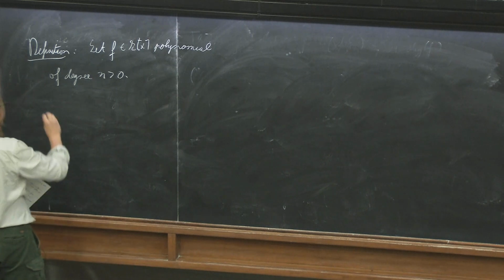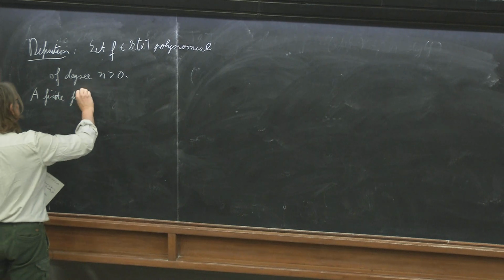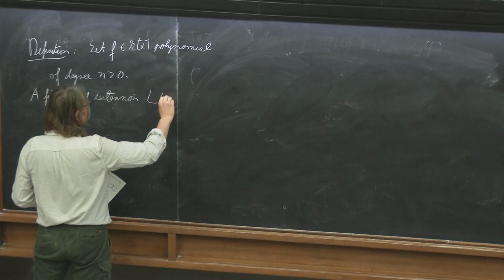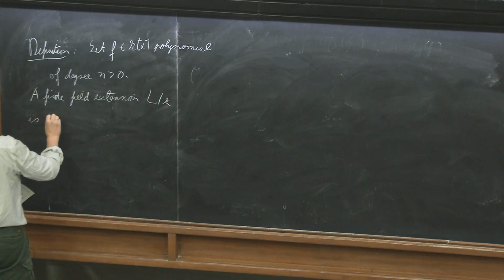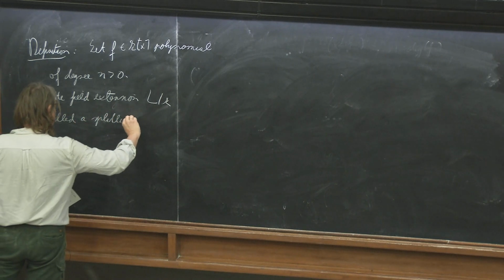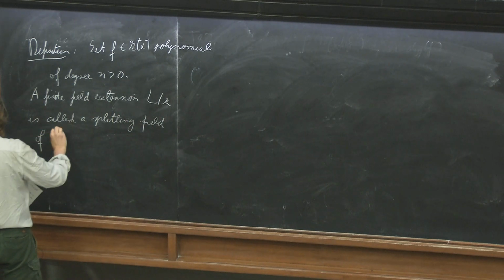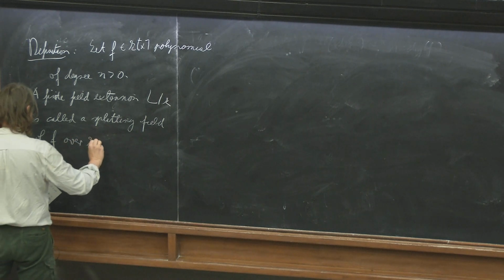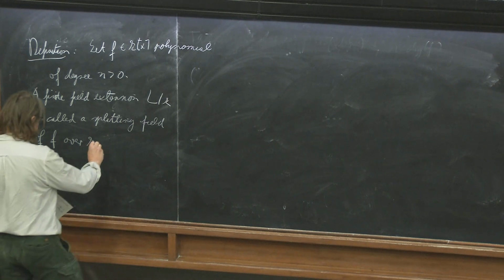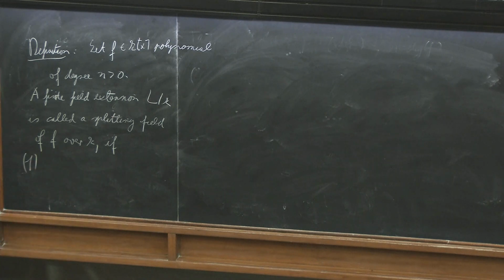A finite extension L of K is called a splitting field of f over K if, first, f splits over L into linear factors.